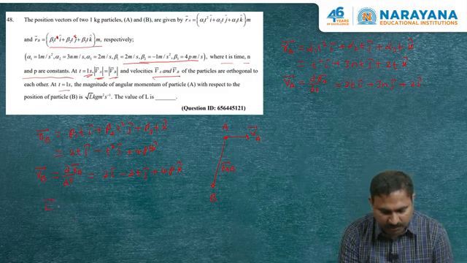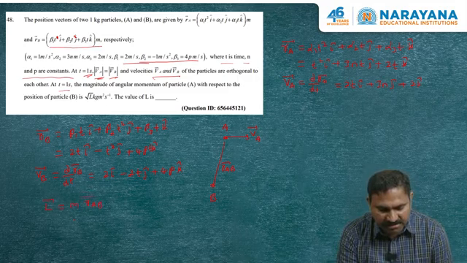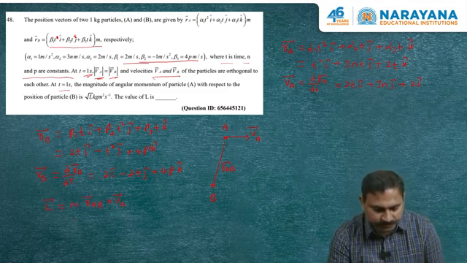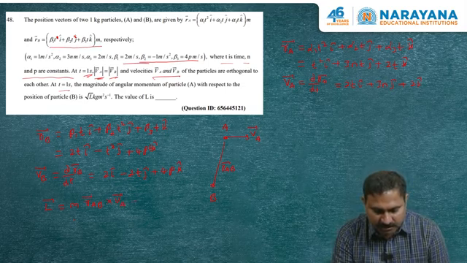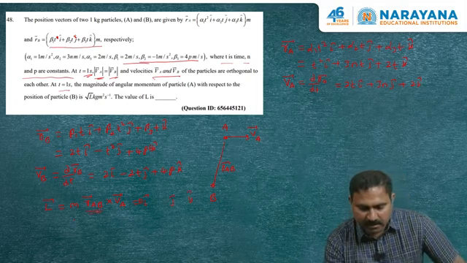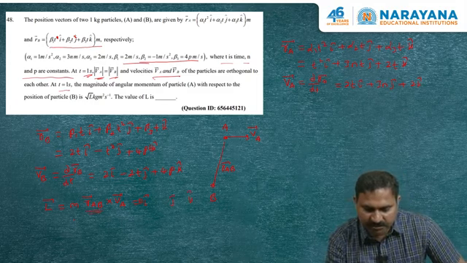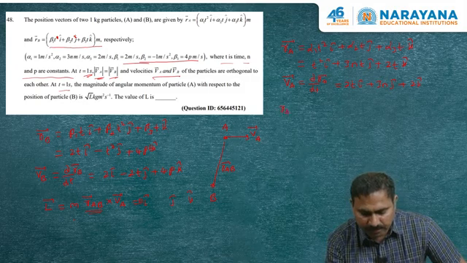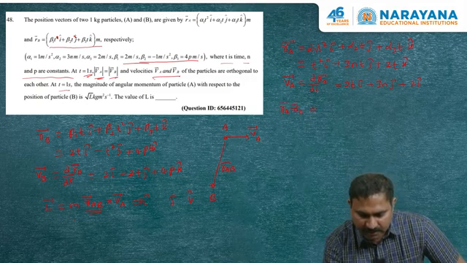Angular momentum in the given situation is position of A as seen from B cross velocity of particle A. So this can be written as i cap, j cap, k cap, mass anyway given as 1 unit only. RAB, position of A minus position of B we need to calculate, RA minus RB at 1 second.